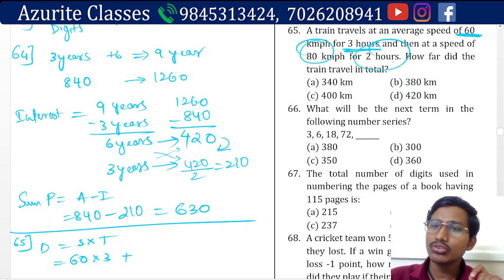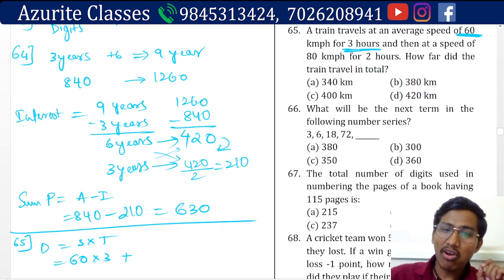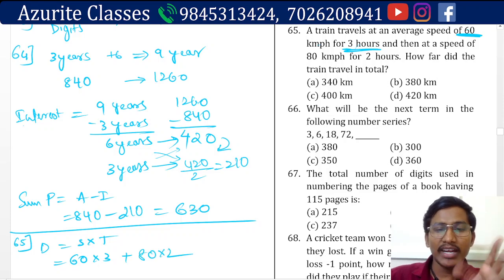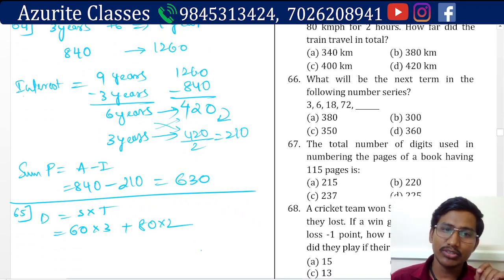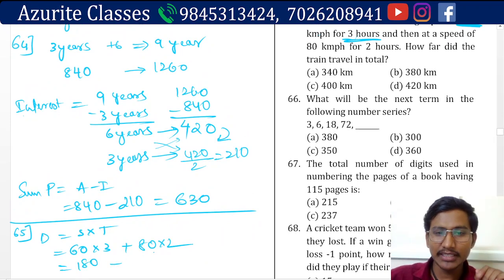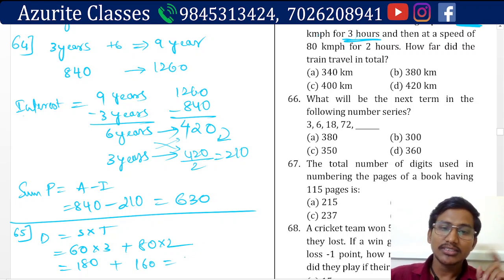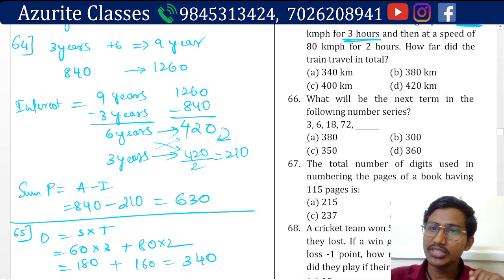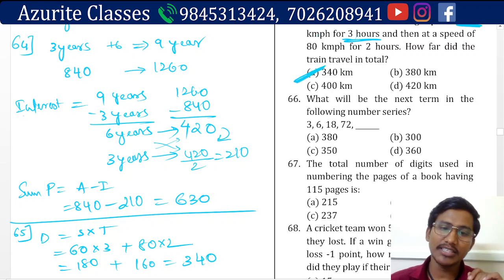If you add both of them, you will get the answer. So the distance will be 180 plus 160, because 3 sixties are 180 and 2 eighties are 160. So the answer will be 340 kilometers. Option A for question 65.